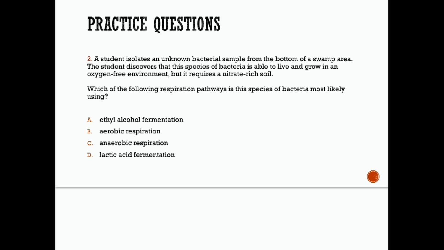All right, if a species of bacteria is able to live and grow in an oxygen-free environment but requires nitrate-rich soil, it must be using one of the anaerobic pathways of respiration that we talked about. Remember, if oxygen is not available, anaerobic, without oxygen. So, anaerobic respiration, remember, is a pathway that's very similar to aerobic respiration.